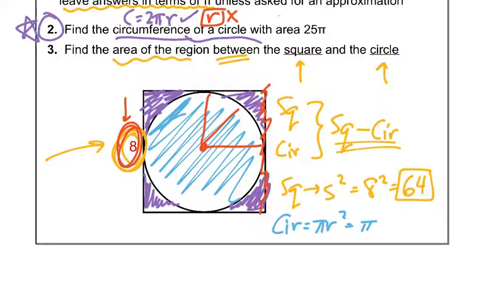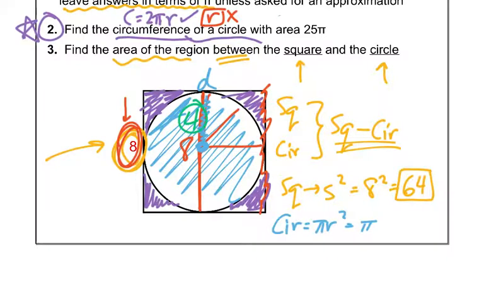Do you believe that if I move that side directly into the middle of my circle, that would also be 8? All these sides are 8. Well, what did I just draw right now in the middle? This is your diameter. So if that's 8, how much would just one single radius be? So if the whole diameter is 8, because the side was 8, then I think the radius would be 4.